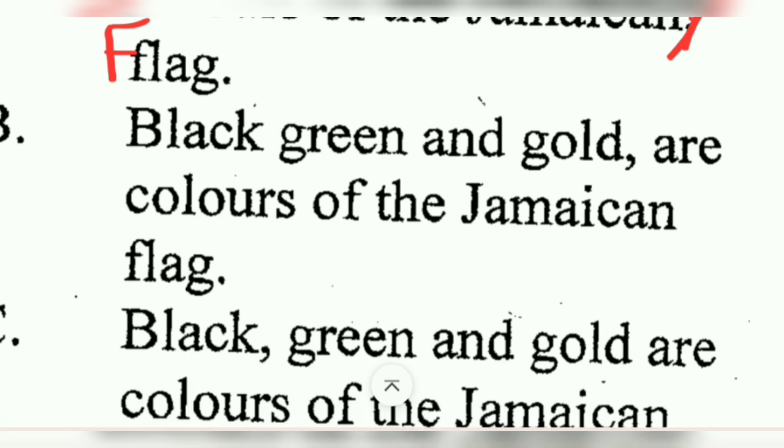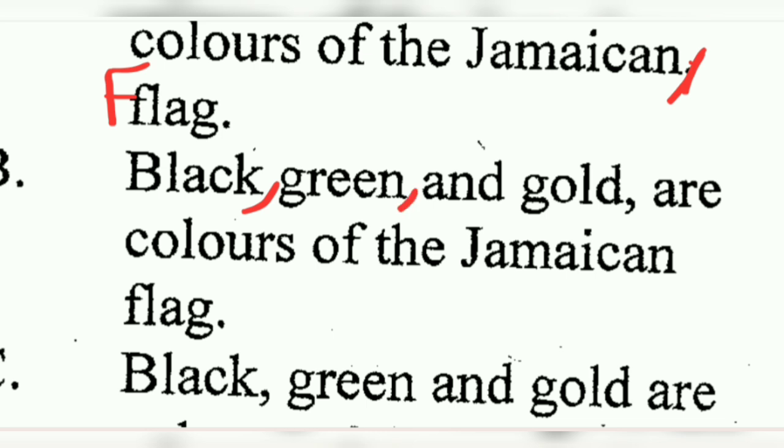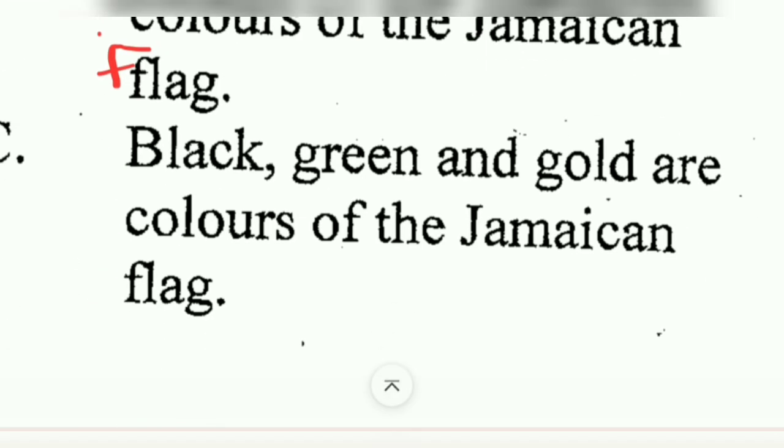Let's look at B. Black, green, and gold are colors of the Jamaican flag. So this one is missing the punctuation marks. You should have these: black, green, and gold. And you don't need this here. Are colors of the Jamaican, capital F, flag. Let's look at C. Black, green, and gold are colors of the Jamaican flag. So why don't they have a capital F?